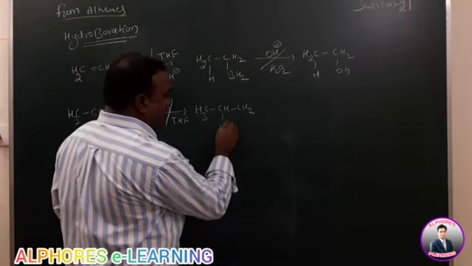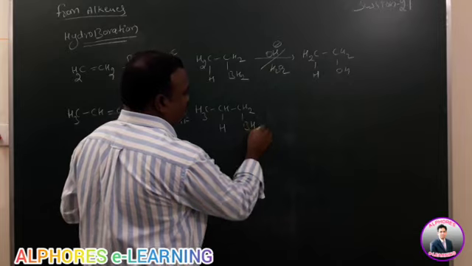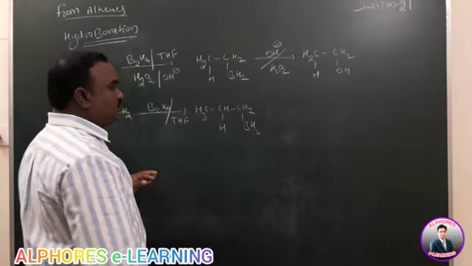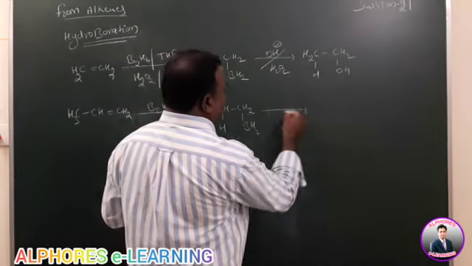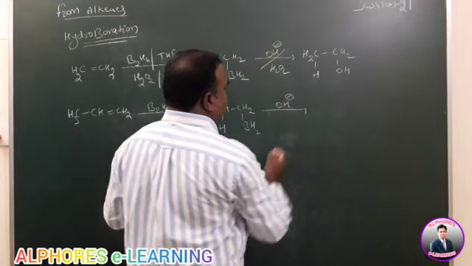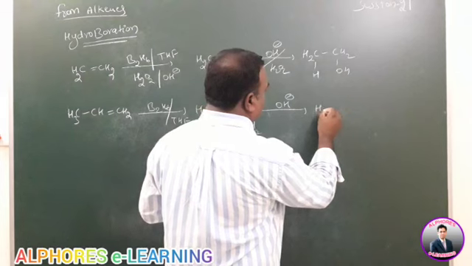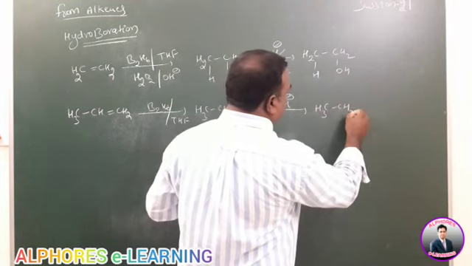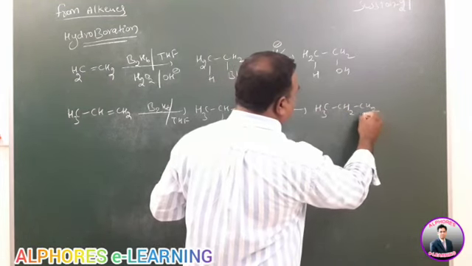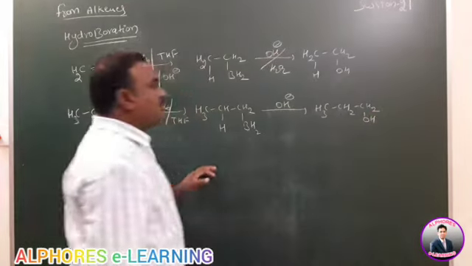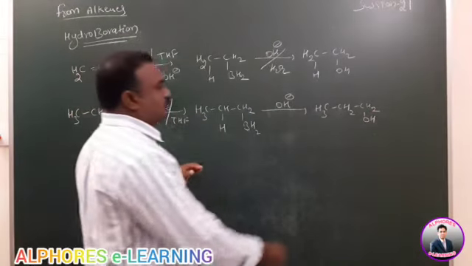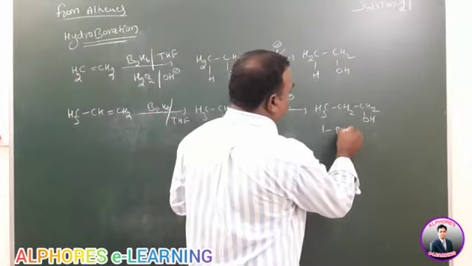So H minus and BH2 here. The next step is the oxidation step. The BH2 is replaced by OH. The final product is 1-propanol.